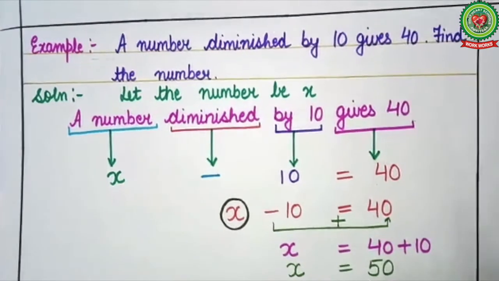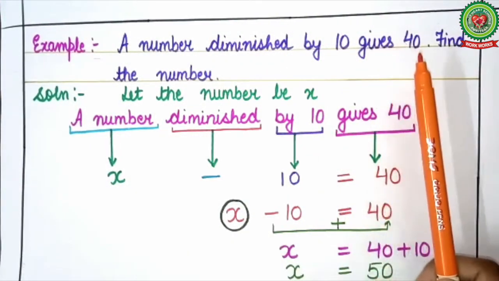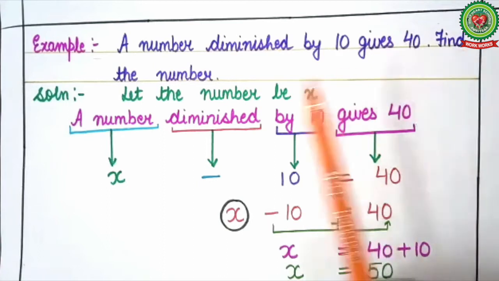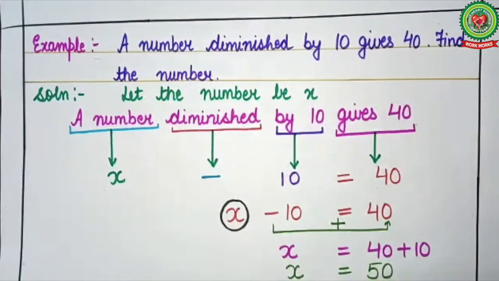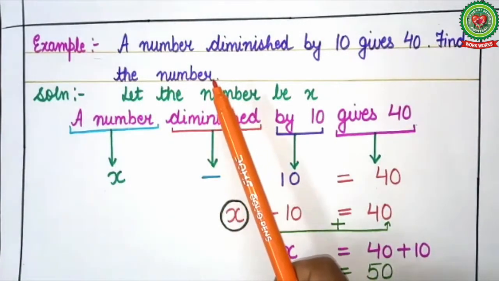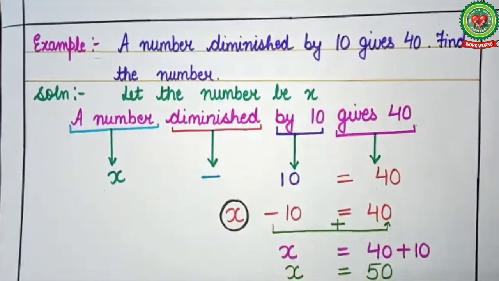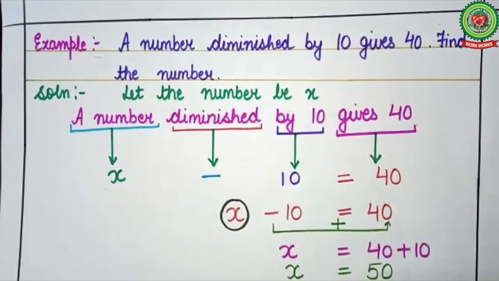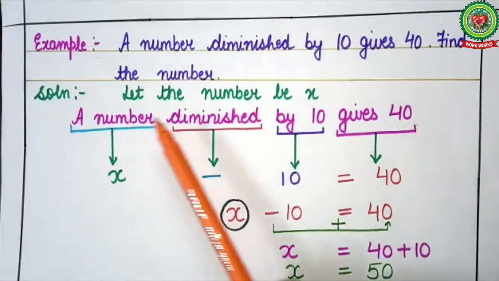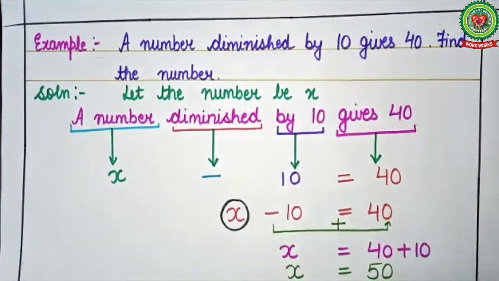Here: a number diminished by 10 gives 40. Find the number. Again, step 1, we have to find the number. So let the number be x. Now reading of the statement. A number diminished by 10 gives 40.